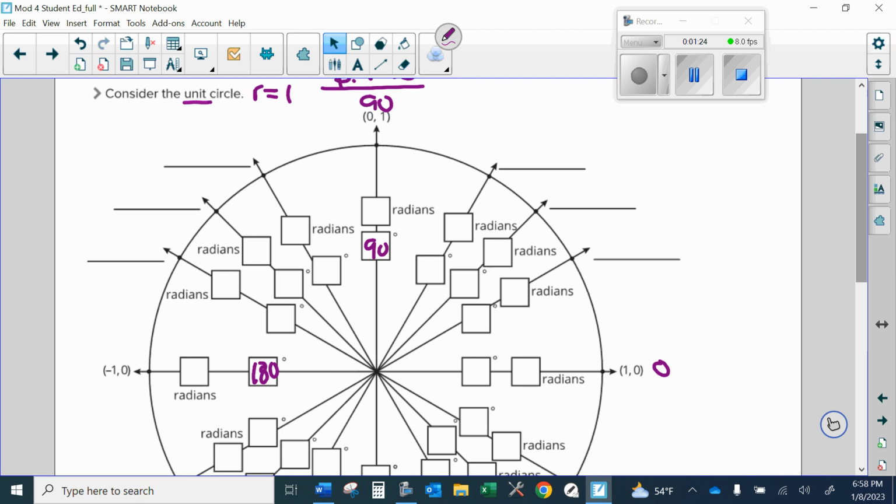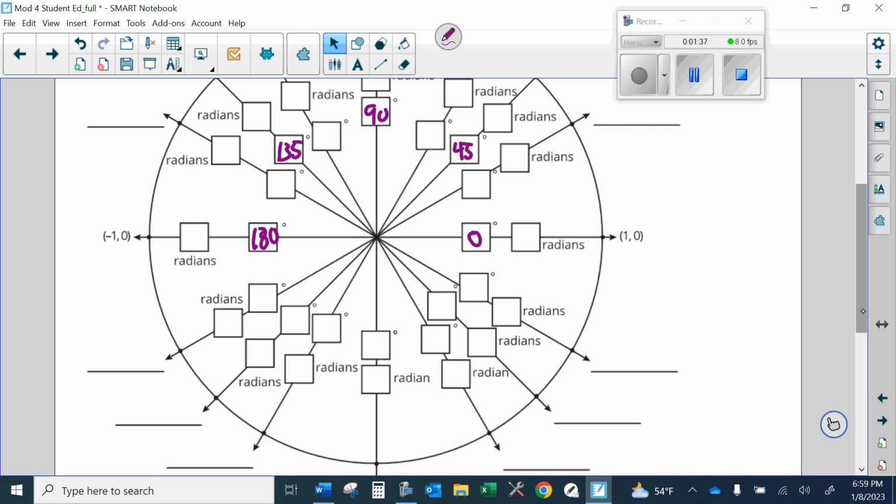Then what degrees down here. Okay. Halfway would be 45 degrees. Another 45 plus the 90 is 135. Another 45 plus the 180 is 225. And your 270 plus another 45 is 315. That's going around by your 45 degrees.